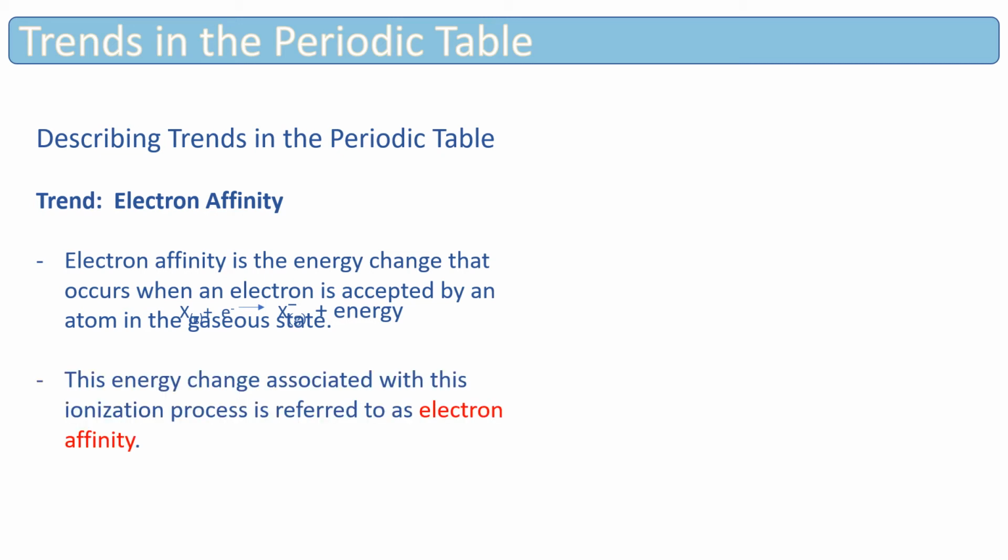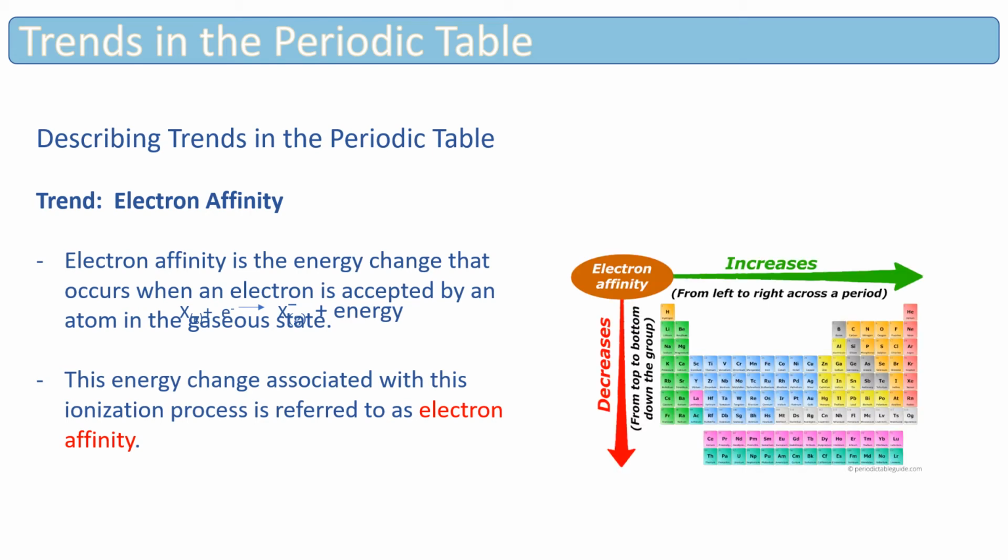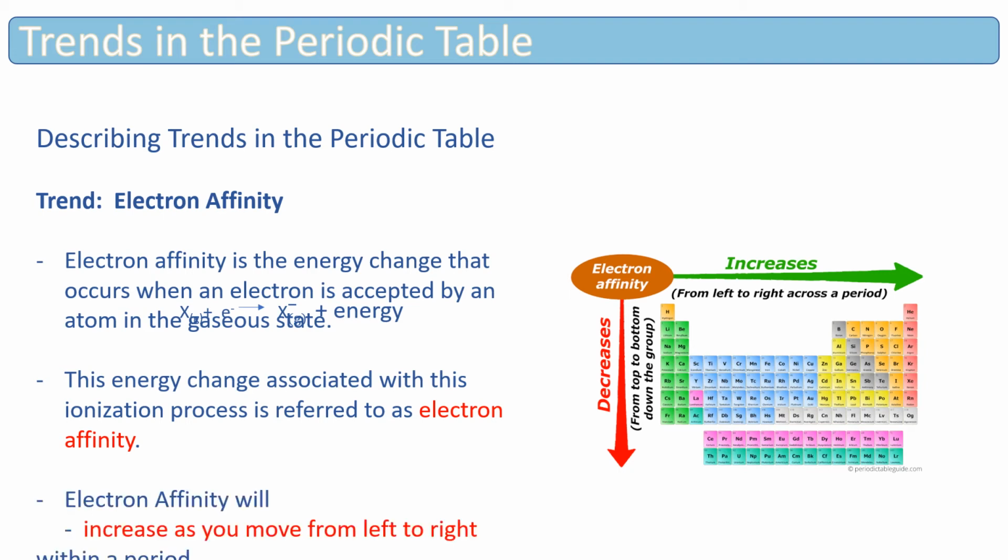The energy change associated with this process is referred to as electron affinity. And here is the trend. Electron affinity will increase as you move from left to right within a period, and decrease as you move from top to bottom within a group.